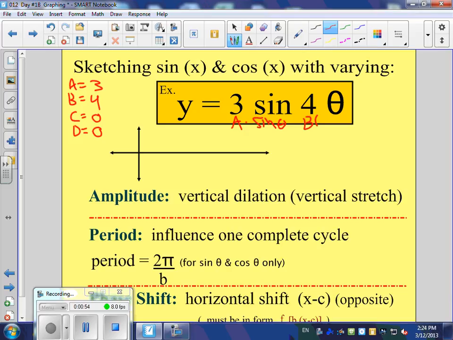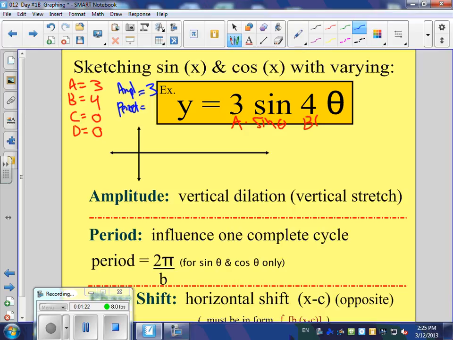There are 2 things that we're going to identify. One is called the amplitude. That's the vertical stretch, and in this case, it equals A. So the amplitude is 3. The period is the next thing we're going to find. It helps you find how far it is on the x-axis to do one complete cycle.